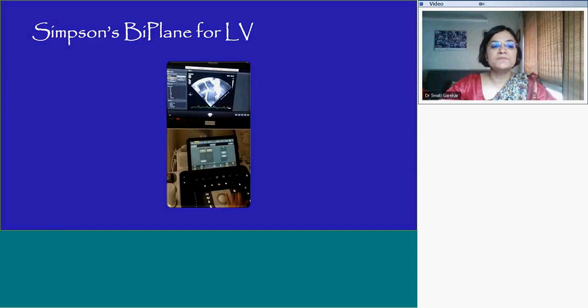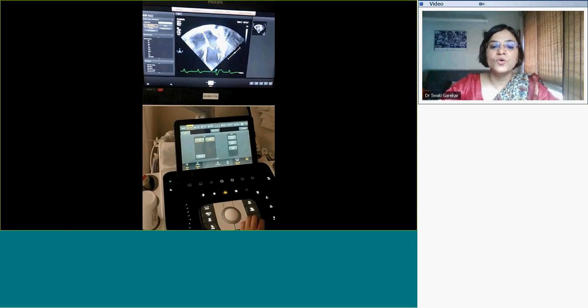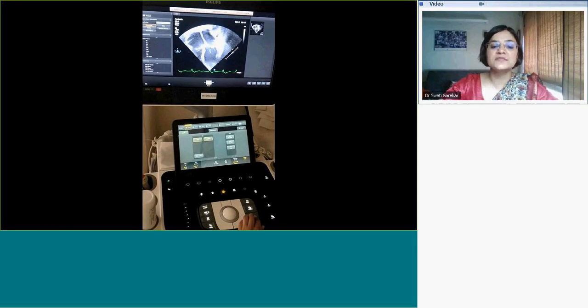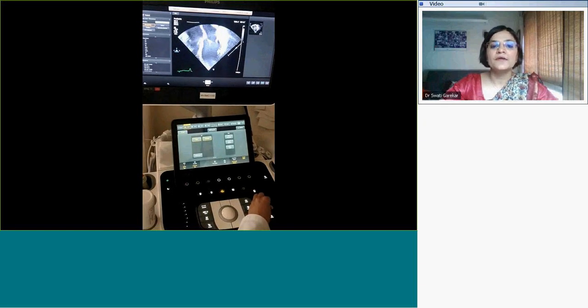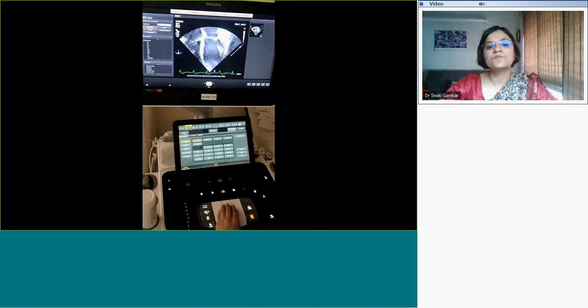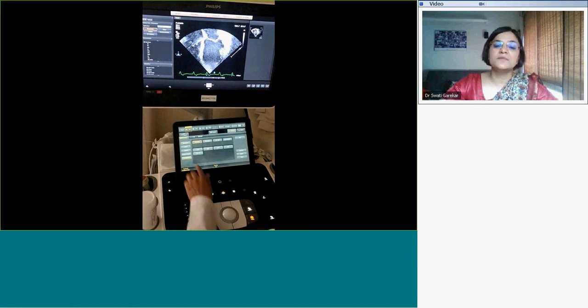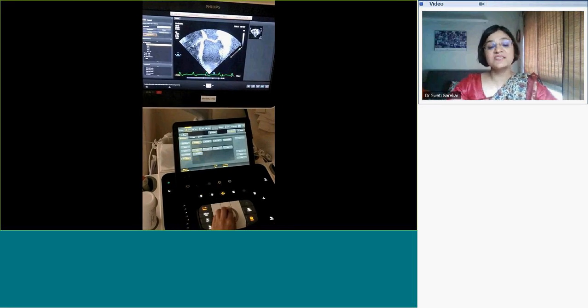For the LV, you ask your adult cardiologist to guide you first, and here we are optimizing how the LV looks. It says, select the biggest diastolic, the most distended LV that you can get with the mitral valve closed.